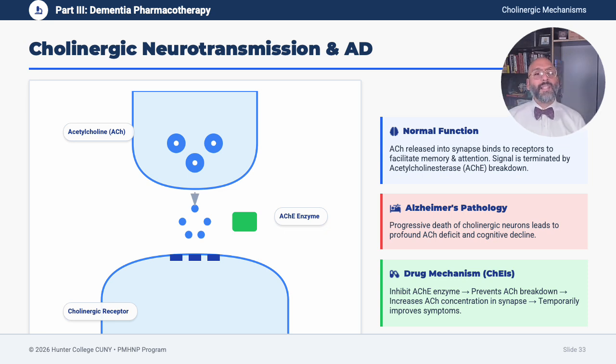So the result is a temporary increase in synaptic ACH, which can translate into small, short-term improvements in cognition or function. This is symptomatic treatment, not disease fixing. And that's the distinction that you need to tell patients when counseling them and their family.